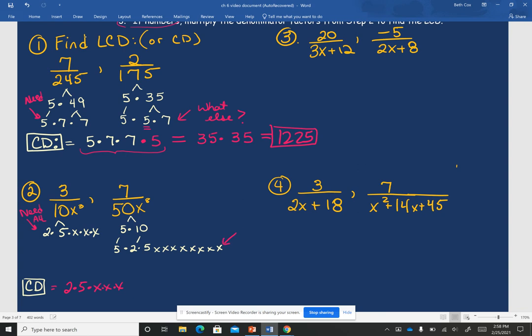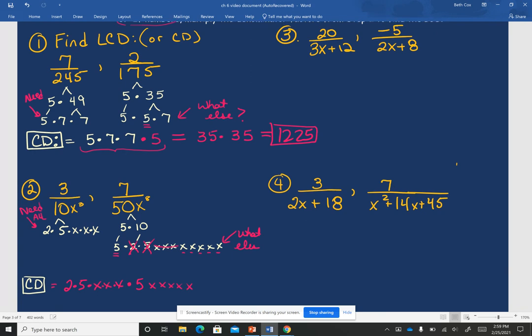And then I come over here and say, what else do I need? Well, I've already got a 2, so I don't need that. I've got a 5, I don't need that. I've got 3 x's, I don't need that. So what do I need? I need a second 5, and I need 5 more x's.